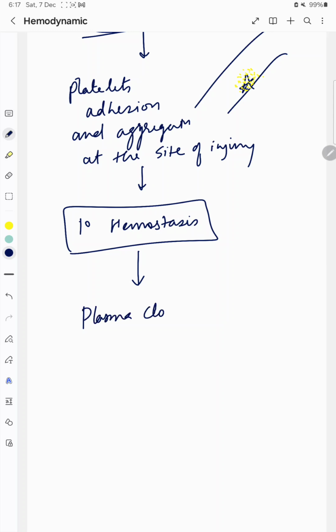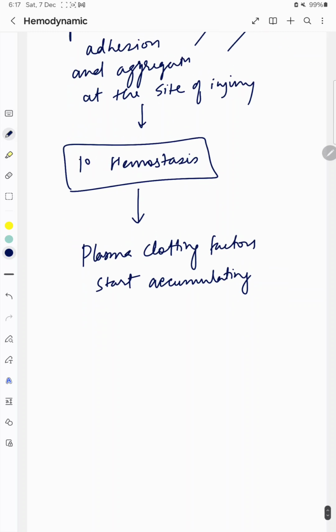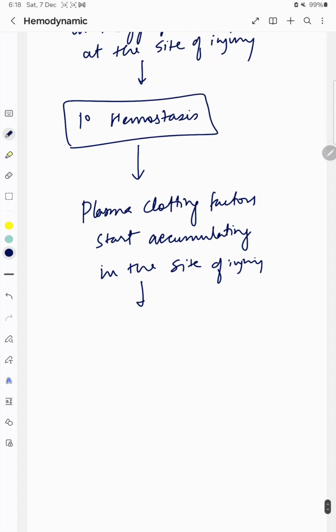Plasma clotting factors start accumulating at the site of injury and form a secondary clot, or result in secondary hemostasis.